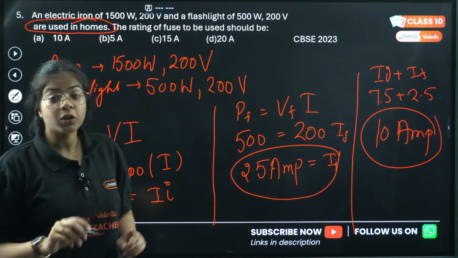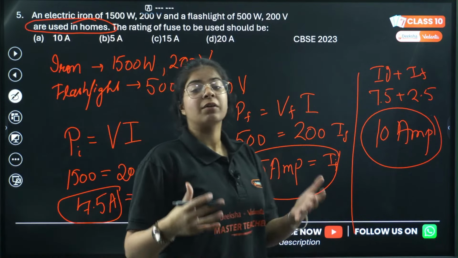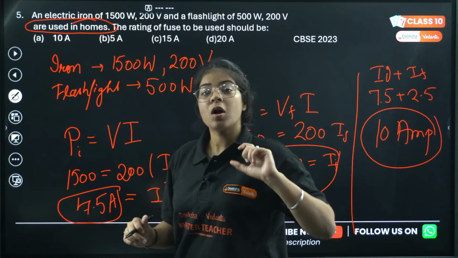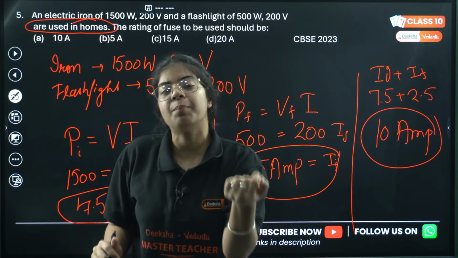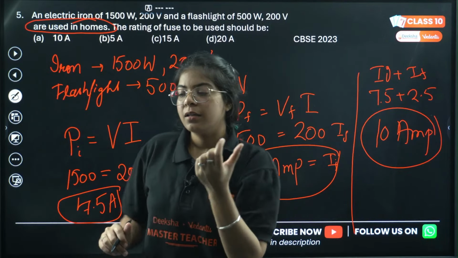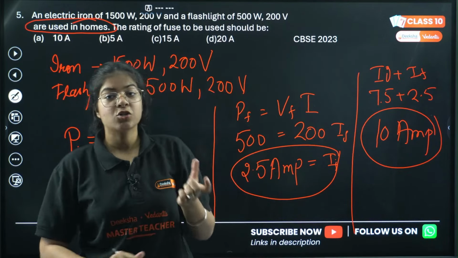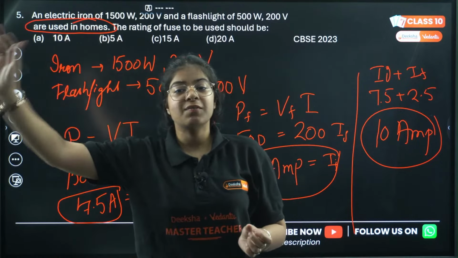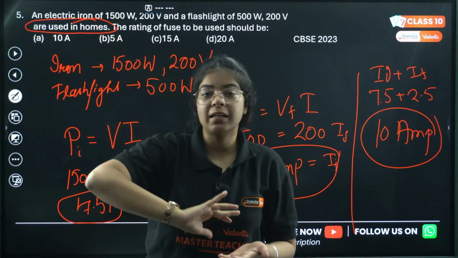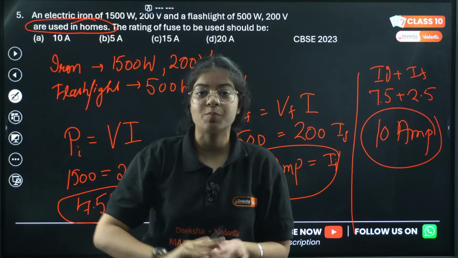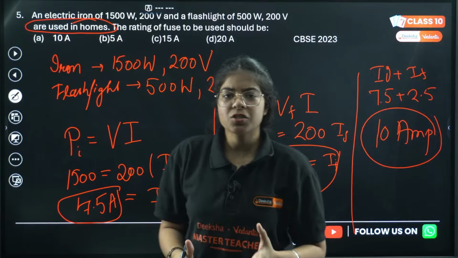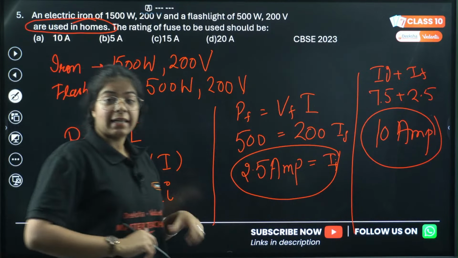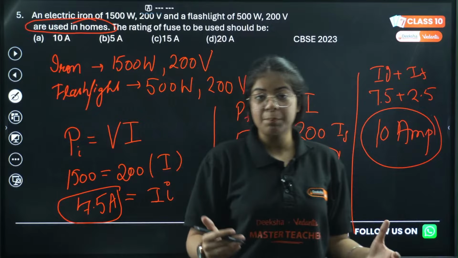Now, the total current the iron and flashlight are using is 10 ampere. And my fuse should be almost equal or a little bit greater than the required value of current. So the answer will be 10 ampere, because if it's 15 ampere, my iron can get damaged by 13 or 14 ampere, because it's just using 10 ampere.